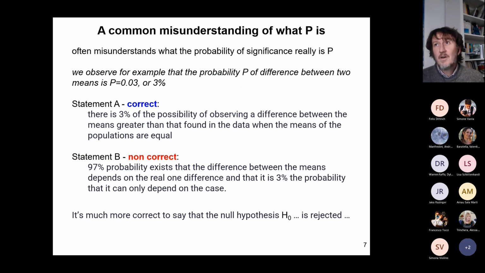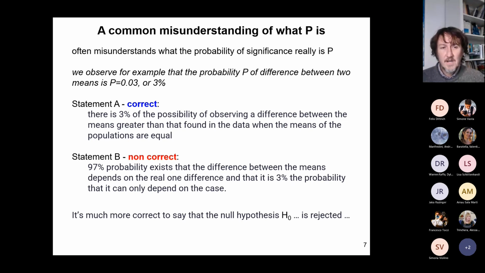In general, when you read papers, and I read a lot of papers on this kind of matter, so on statistics, but also on basic statistics, there are a lot of misunderstandings about what the probability of significance really is.